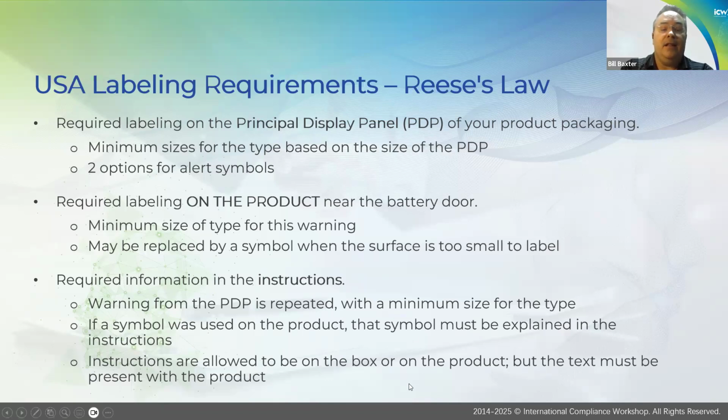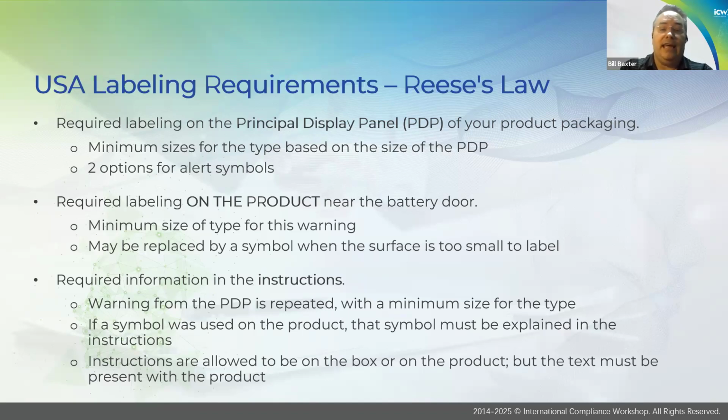And then there is also a label required on the product itself near the battery door, or where the battery door would be in a non-accessible situation. So even if you're not supposed to change the battery, you're still supposed to have a warning close to where the battery would be, or visible if the product is opened, so that adults are made aware that there is a button cell or coin cell battery in the product, and can keep it away from children.